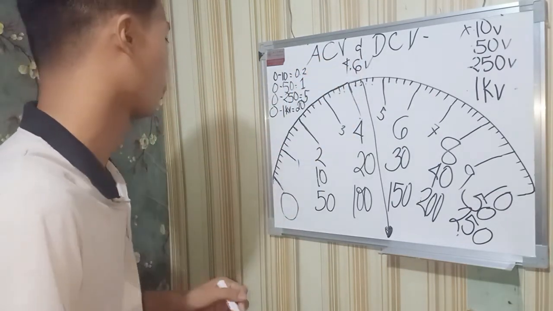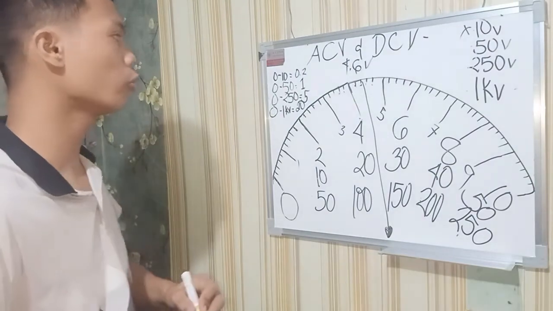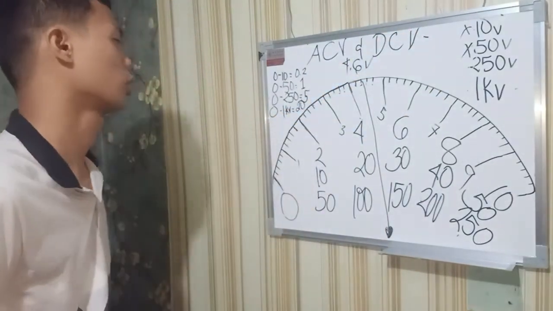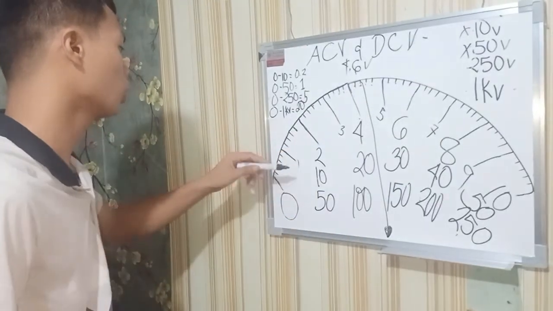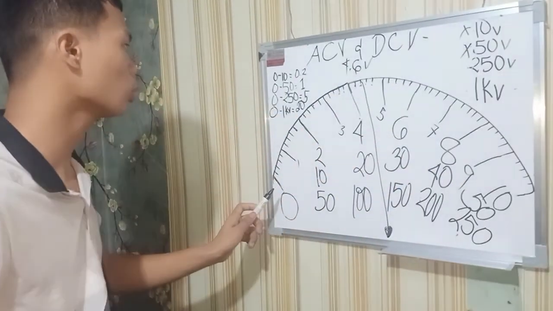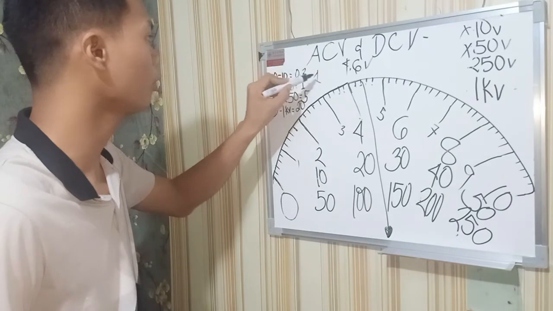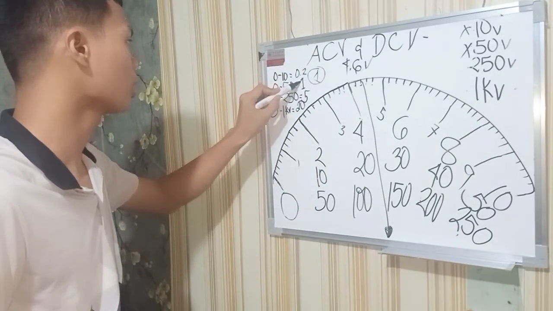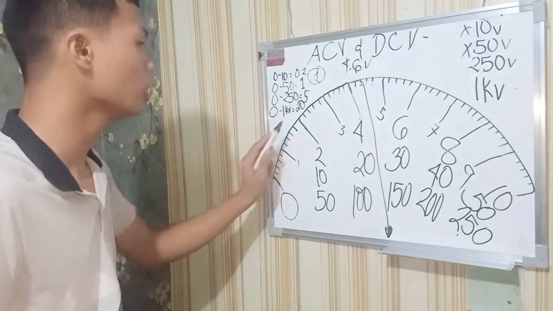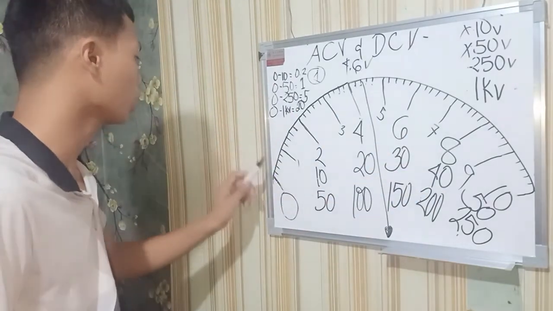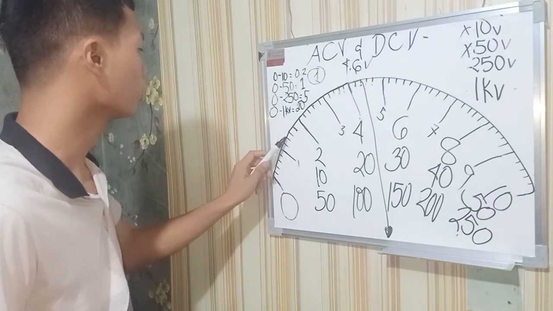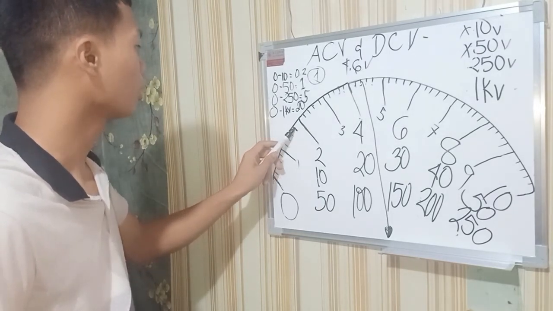If we use the 50 volt range, each graduation is 1 volt. Per division is equivalent to 1. We count 1, 2, 3, 4, 5, 6, 7, 8, 9, 10.